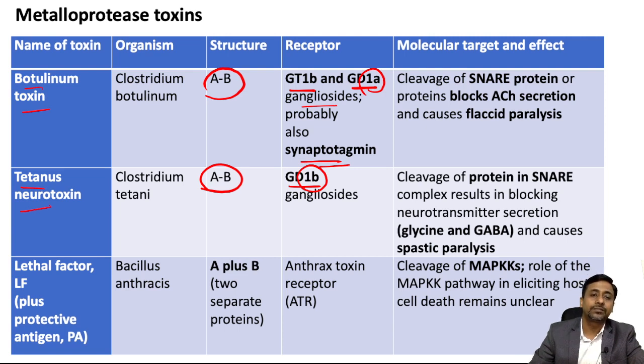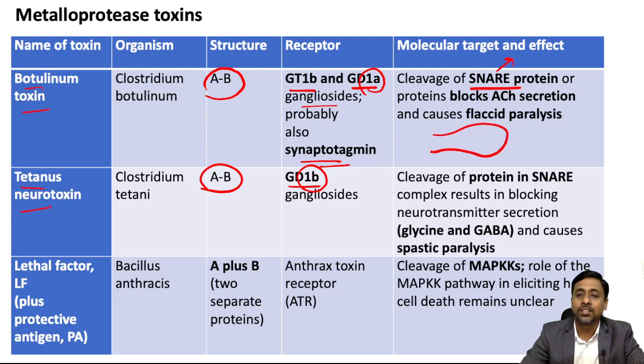Okay, so how will it act? It will lead to cleavage of snare protein. What is snare protein? Snare protein or snare complex is basically a complex which is responsible for fusion of neurotransmitter containing vesicles. Let me try to make a diagram.